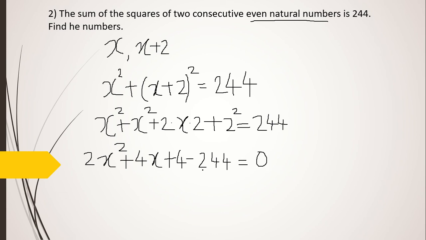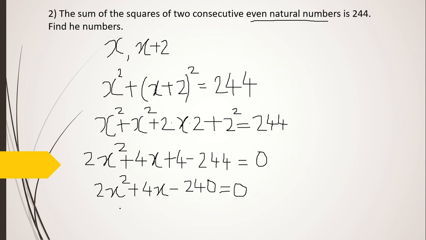Now 4 minus 244, plus and minus, so subtract and give the sign of the greater number. So that is going to be 2x square plus 4x minus 240. 244 minus 4 is 240, and give the greater number's sign to the answer.